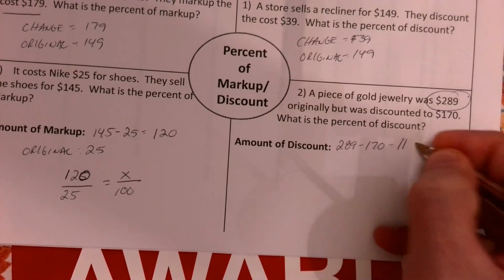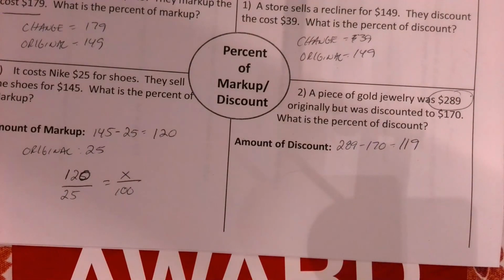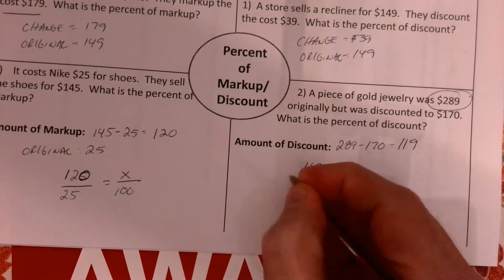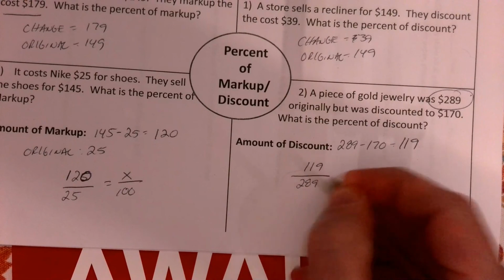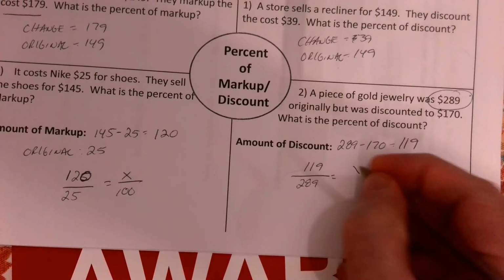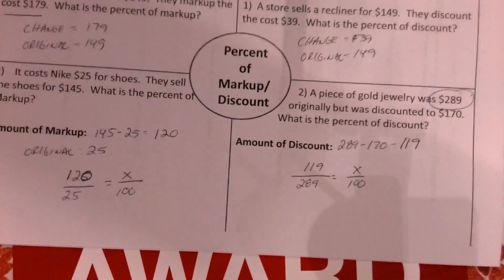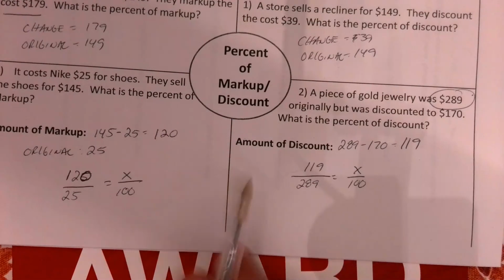So our amount of change is 119. So now to find the percent of discount, 119 over our original 289 equals X over 100. And that will give us our percent of discount. Okay? So they're just percent change problems, these percent of markup and percent of discount.